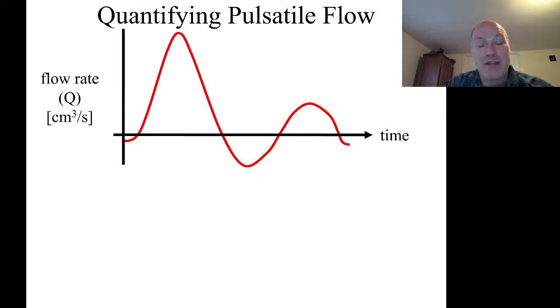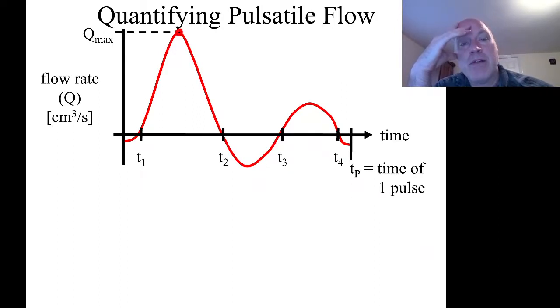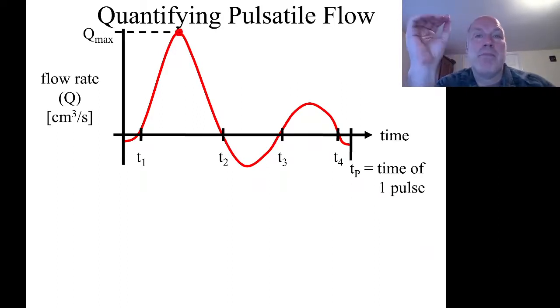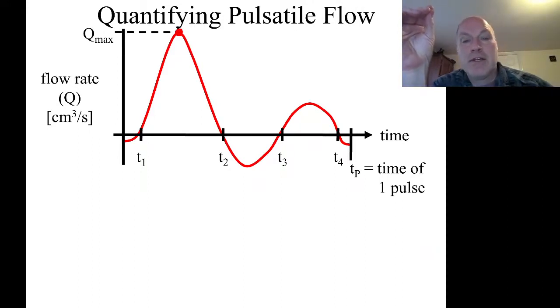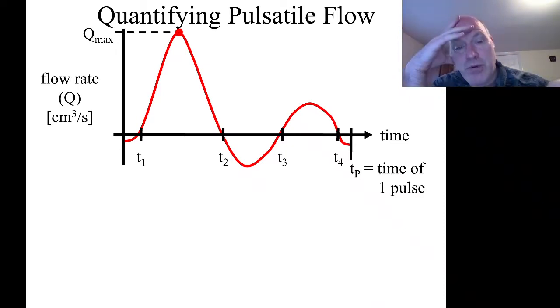What are we going to try to get out of it? First, we're going to take the most important points on this graph. There's going to be Q max, this point over here at the very top. That's a very important point. The next thing, on the time axis, you're going to have these points in which the curve crosses the 0 line.